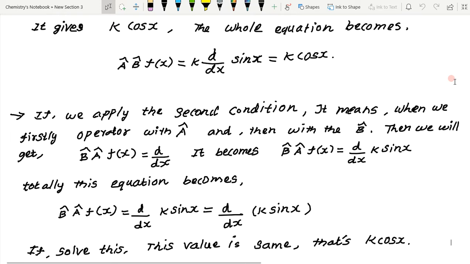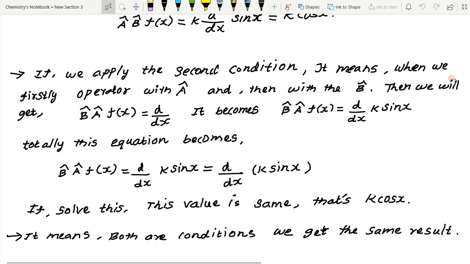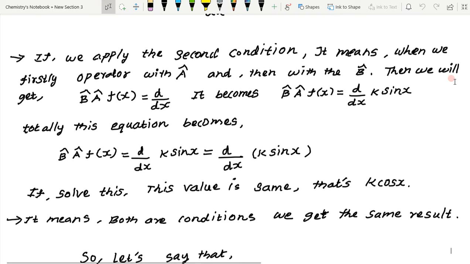If we apply the second condition, it means we first operate with A cap and then with the B cap, then we get operator B operator A f(x) equals d by dx of k sin x.